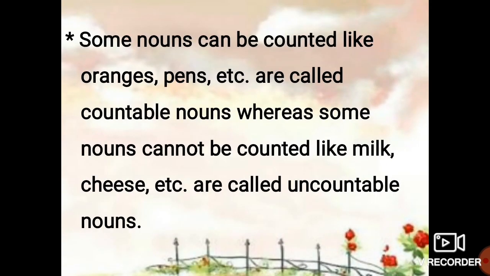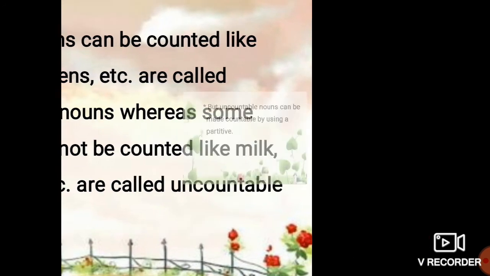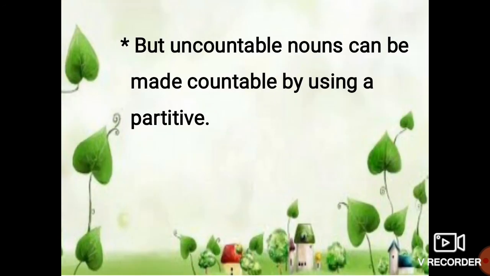Some nouns can be counted, like oranges, pens, etc. are called countable nouns, whereas some nouns cannot be counted, like milk, cheese, etc. are called uncountable nouns. But uncountable nouns can be made countable by using a partitive. So we can make uncountable nouns be counted by using a partitive noun.